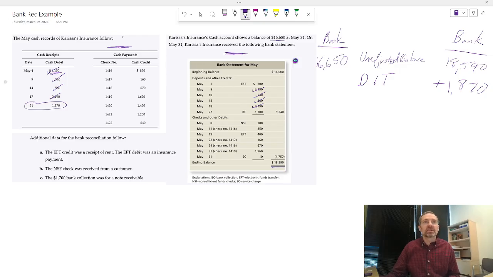All right, let's start going down the cash payments. I wrote check 1416 for $850. Nice thing about numbered checks is that we can check to see that the check number is the same. We have to check the check number and the amount. So we have 1416 for $850.